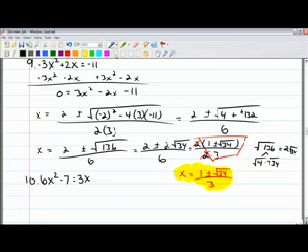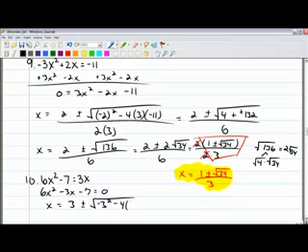Okay, number 10. Let's move the 3x over. So 6x squared minus 3x minus 7 equals 0. So x equals 3 plus or minus the square root of negative 3 squared minus 4 times 6 times negative 7.